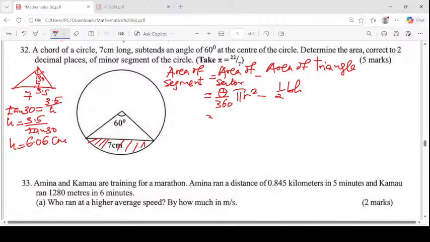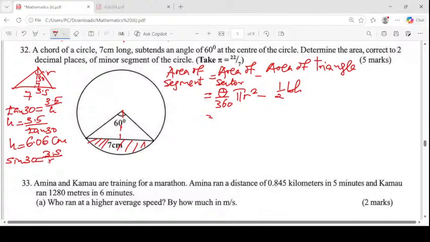That is your height. Now that you have this height, you will be able to get the area of the triangle. But for the sector, you need this radius, meaning this will be opposite and hypotenuse. I'll use sine. Sine 30 is equal to opposite, which is 3.5, over hypotenuse, which I can call r.